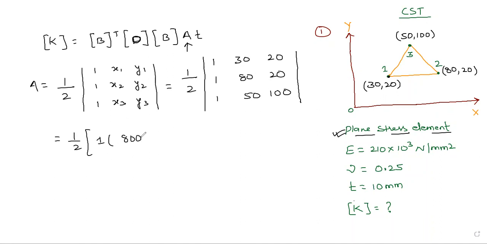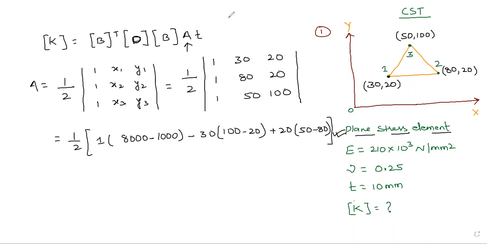So 8000 minus 1000, then again minus 30 into 100 minus 20 plus 20 into 50 minus 80.